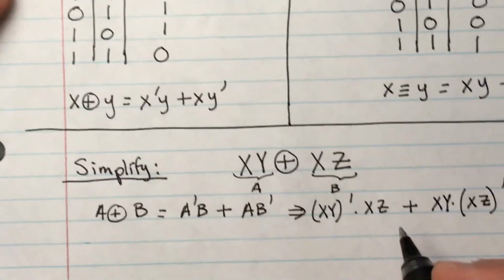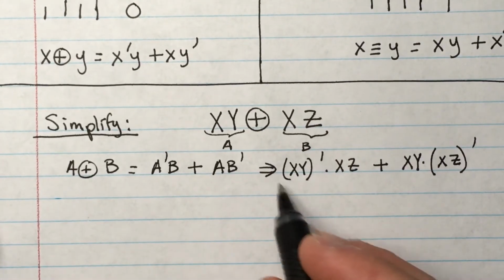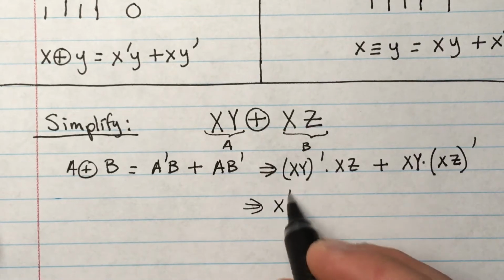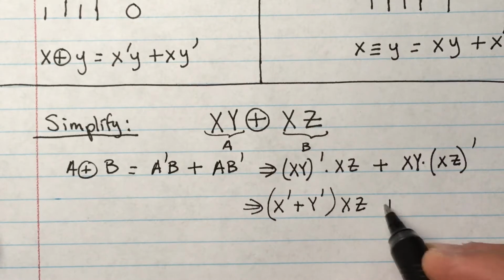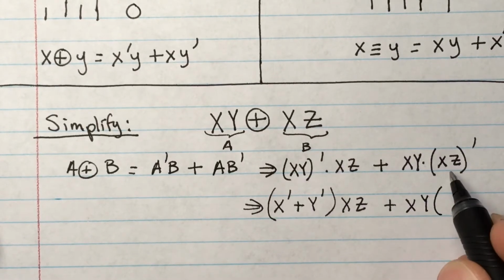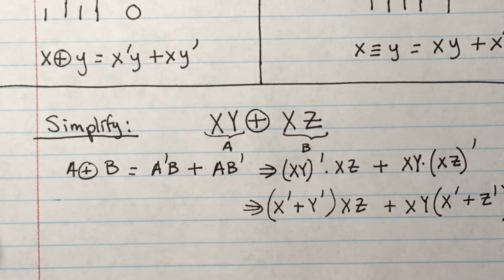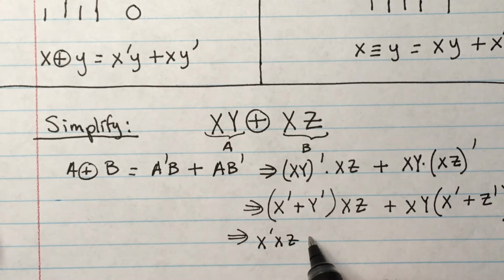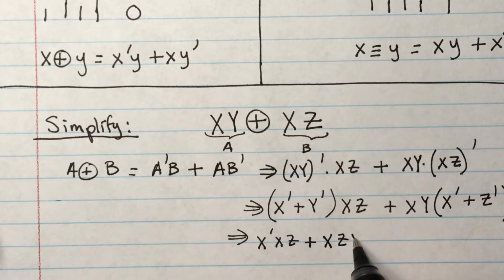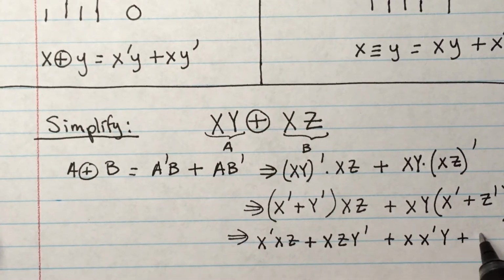Okay, let me zoom in a little. So now we're just going to do some De Morgan's law simplification. So this would break down to x prime plus y prime, and then we have x z plus x y, and then this would break down into x prime plus z prime. So now I'm just going to distribute, and so I get x prime x z plus x z y prime plus x prime x y plus x y z prime.